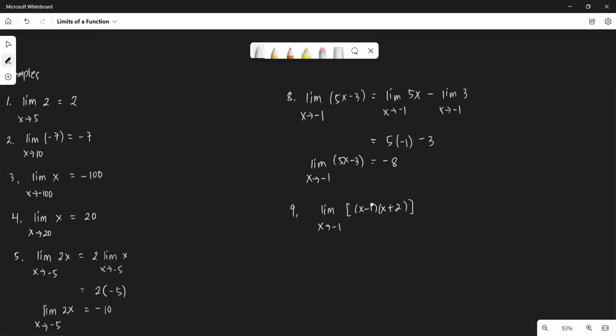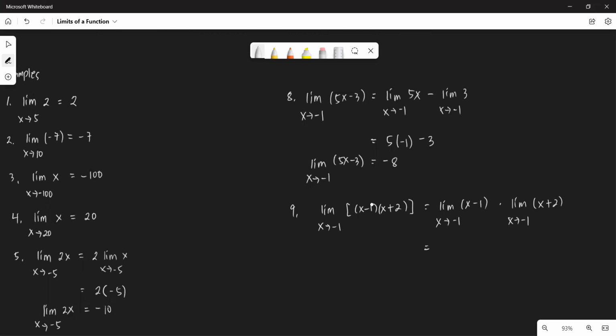You can get the product and then proceed to getting the limit of the product. Or you apply property number 5, wherein you get the limit of the first function as x approaches -1, and multiply it to the limit of the second function as x approaches -1.